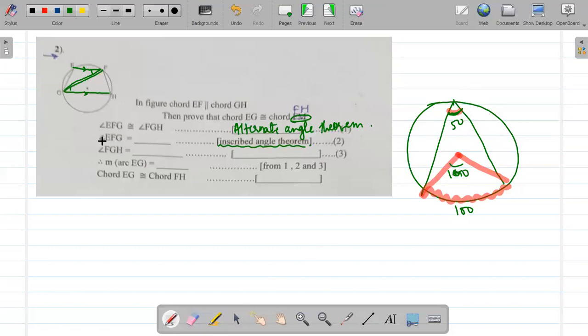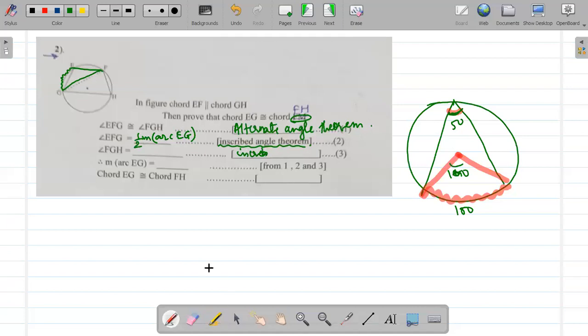Okay. So here we are looking at angle EFG. So just take a look at this angle EFG. So this angle will be half of this arc EG. So this is half of measure of the arc EG, like that. Okay, we are using the same inscribed angle theorem once again.